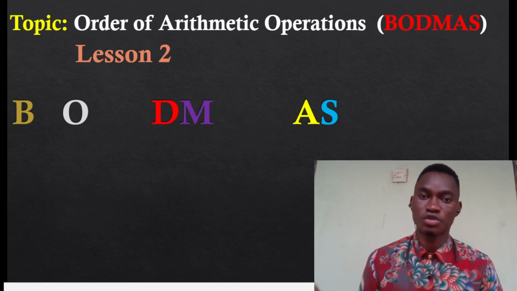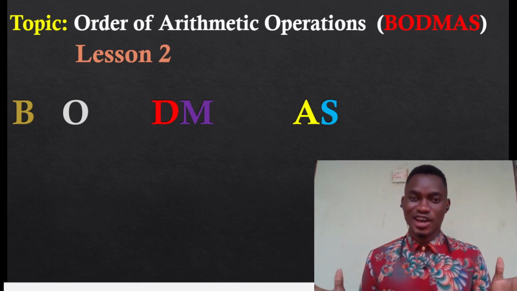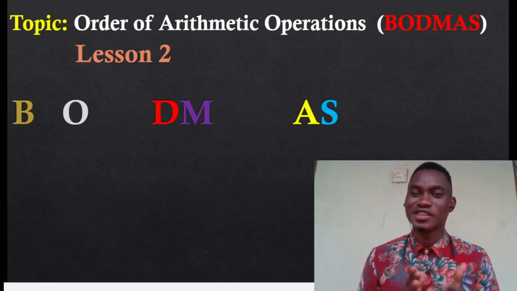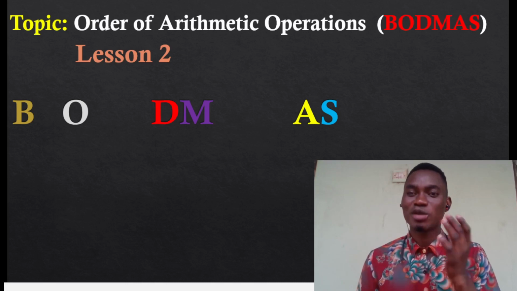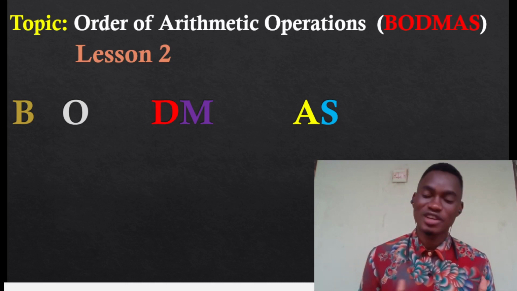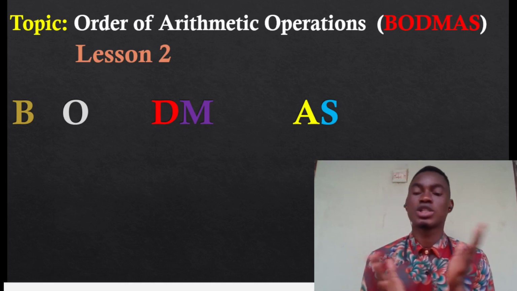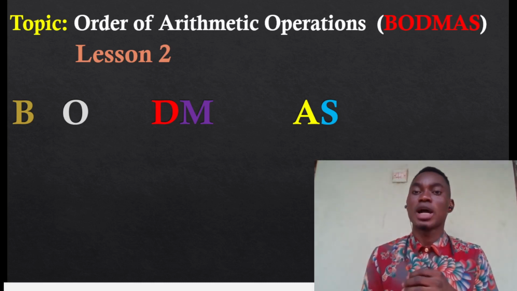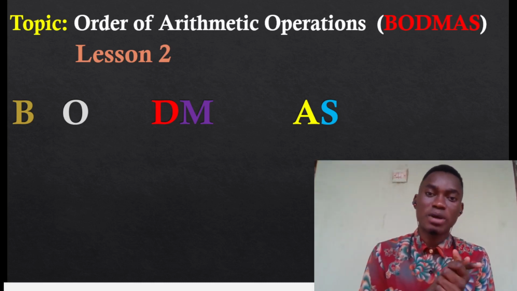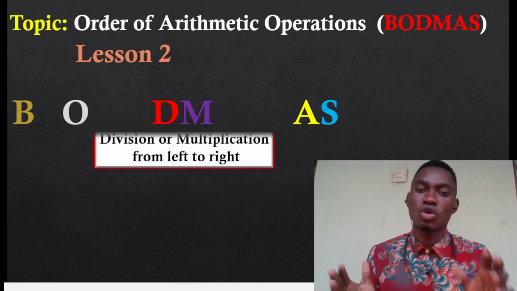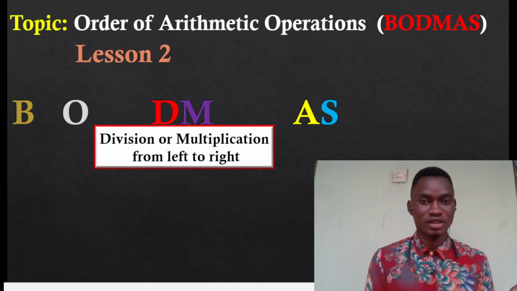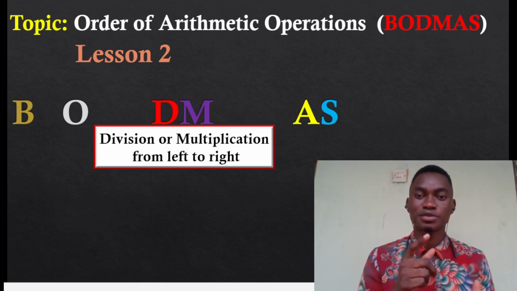So let's move on. As you learned in my first lesson, in BODMAS we normally take care of the bracket first, followed by others, which includes square roots, or roots in general, and powers. Then followed by division or multiplication from left to right. Please pay attention here.